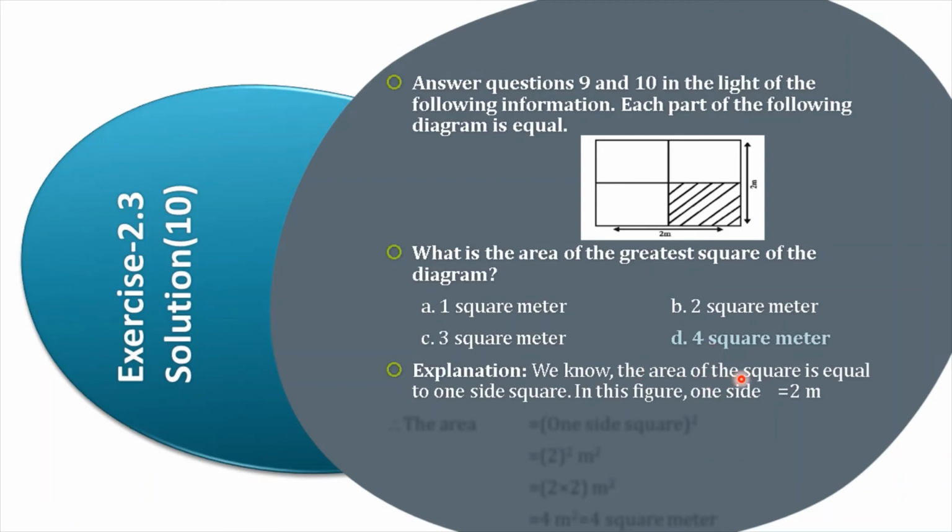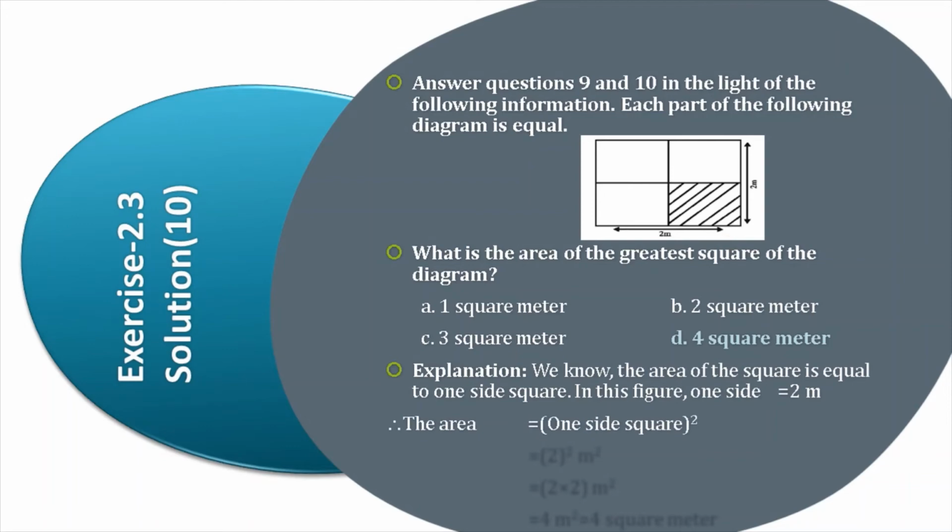We know the area of the square is equal to one side squared. That is the formula for the area of the square. In this figure, one side equals 2 meter. As you can see, the greatest square is full. This diagram is full, the greatest square. So one side is 2 meter.